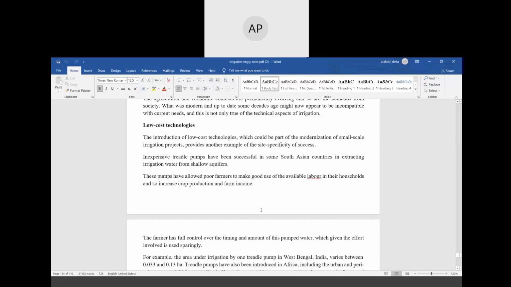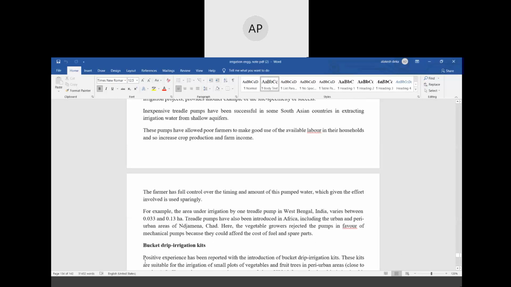The farmer has full control over the timing and amount of this pumped water, which, given the effort involved in pumping, is used sparingly.